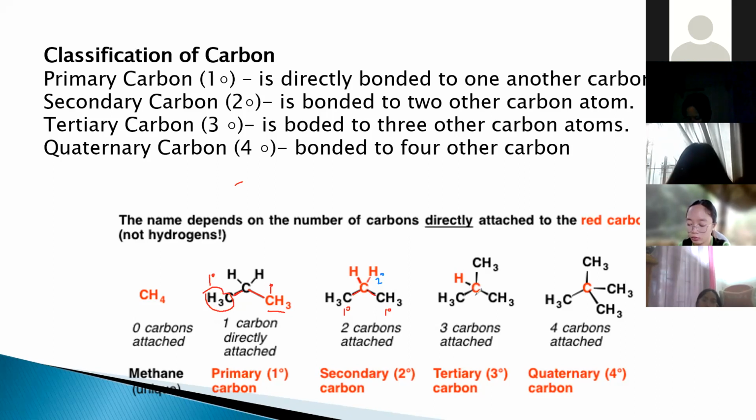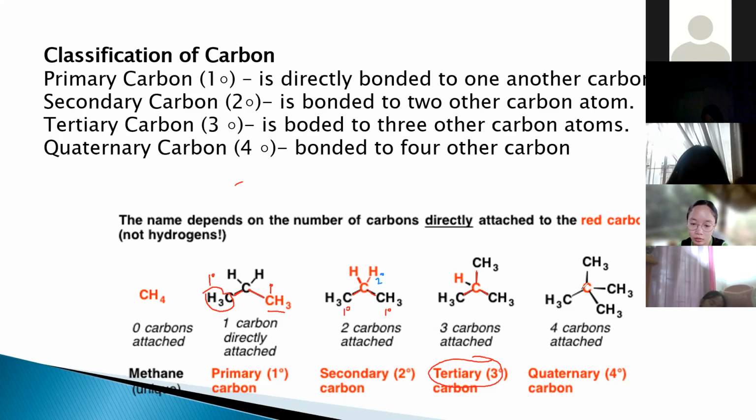Ito namang tertiary carbon, let's look at this. We have 1, 2, and 3. Meron tayong 3 carbons directly attached to the center carbon or to the naka-color red na carbon dyan. So kapag kaganon, again, ang tawag natin tertiary carbon. So walang hydrogen na counted dyan. We are just looking at the carbon directly attached to the carbon in consideration.